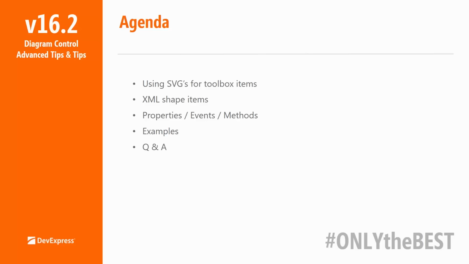Absolutely. The response really has been overwhelming. A number of people have contacted us explaining how they'd like to use the diagram control. Of course, some people, well, more than a few, have said that they'd like to see something on other platforms, which I'm not even going to get into right now. But in essence, even when we do this programmatically, there are some elements that we've uncovered with 16.2.